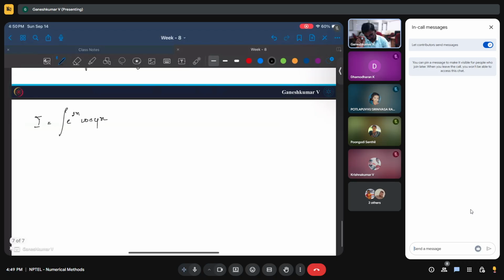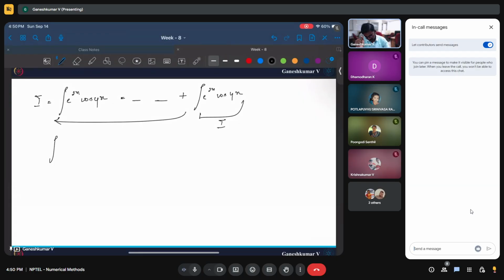When you do UV method, you will end up having some terms plus integral of e power 2x cos 4x, which is nothing but your I. So you club them, and finally you will find that the integral of e power 2x cos 4x dx is something like e power 2x cos 4x by 10 plus e power 2x sine 4x by 5 plus c.